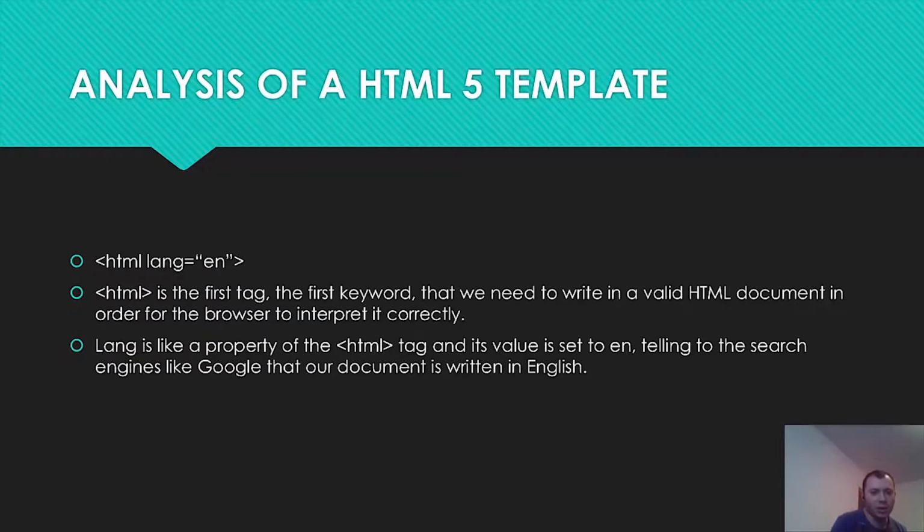So let's go on. So the first tag that represents the first element in our HTML file is the HTML tag. The HTML tag can have attached a property which is the lang property. The lang property can have different values which represent the language of the document. And in this example, we have English as the language that will be expected in the document.